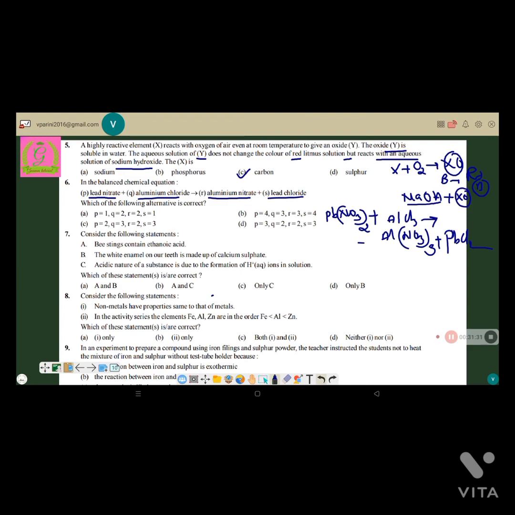Then see here, NO3 counted as one unit: how many are there here? Two. How many are there here? Three. So that's an even number and an odd number. Then what you have to do? If you multiply by 3 here and by 2 here, then 6 are there, no? 6 NO3 ions, 6 NO3 ions, fine. How many Pb atoms are there? 3 are there, multiplied by 3 here. How many chlorine atoms are there? 3 to 6, multiplied by 2 here. So the equation is balanced. So the options are 3, 2, 2, 3. Option D is correct.